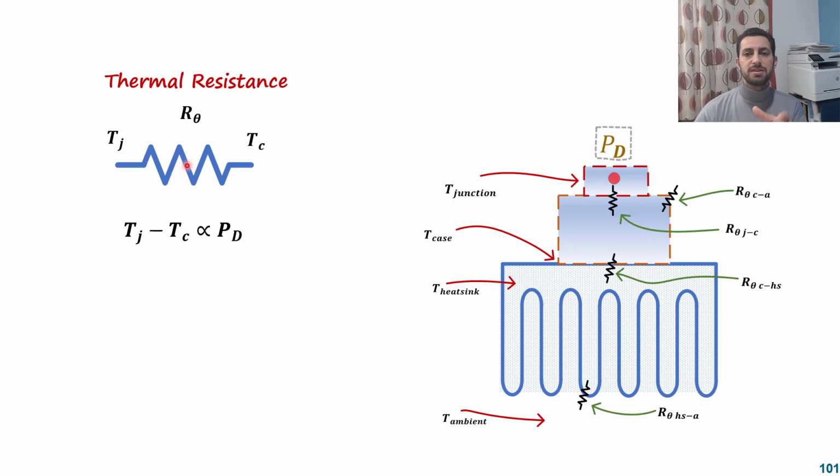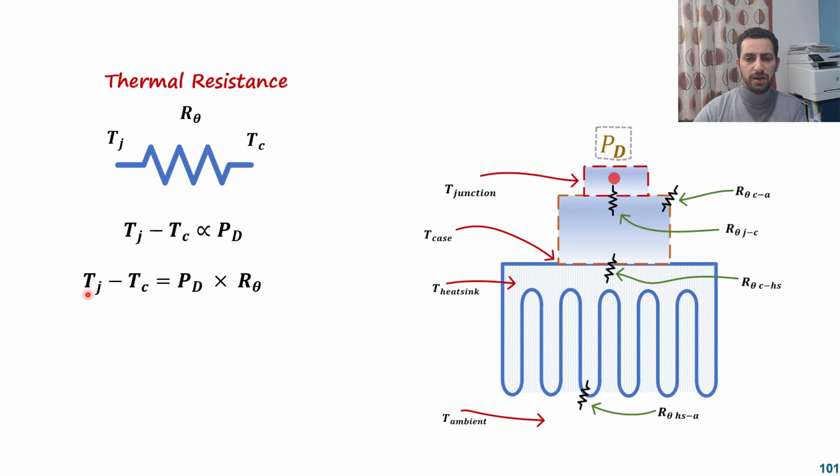So the thermal resistance is a component that has two points with a difference in temperature, which are TJ and TC, and that difference between the junction and case will be directly proportional to the power dissipated. And after some experiments, you will find that the relation between the temperature difference and power dissipation is controlled by the thermal resistance.